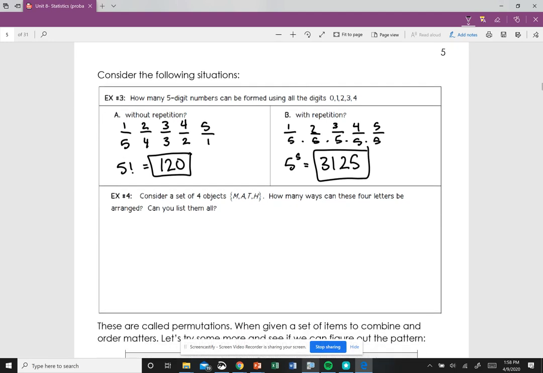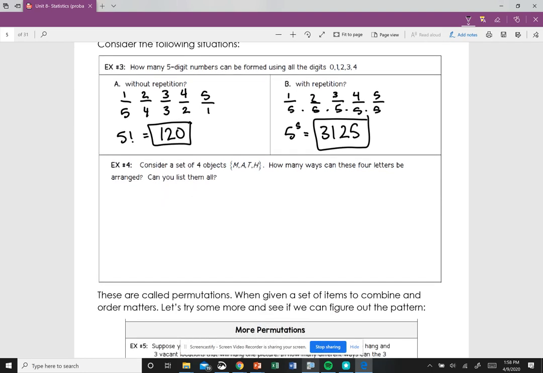All right. So consider a set of 4 objects, like M-A-T-H. How many ways can these 4 letters be arranged? I'm assuming they mean having 4 letters. So how many ways could we arrange that first slot? We could arrange it 4 ways.